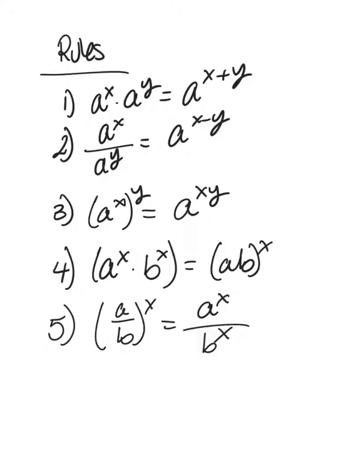So, let's do an example. Okay. Oh, wait, there's other things I have to remember. Oh, sorry, my bad. Other rules. If I did 1 over a, that's the same as a to the negative 1.